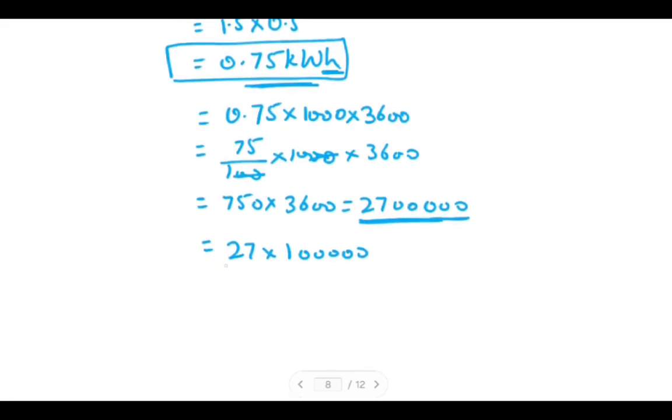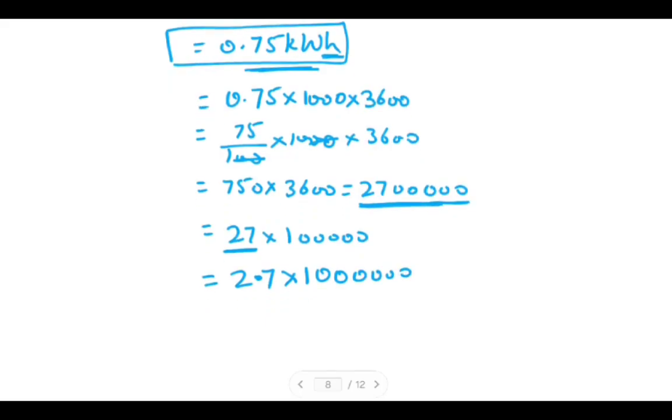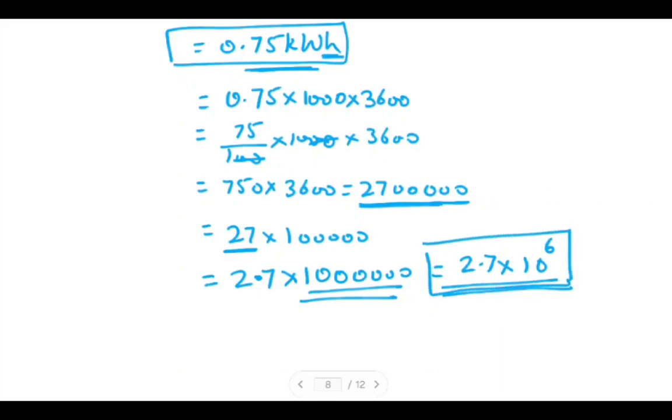But in standard form, your number has to be between 1 and 10. So I'll write 2.7. Because I added a decimal, I will add another 0 out here. And I can simply write it as 2.7 into 10 raised to 6. That's your answer in joules.